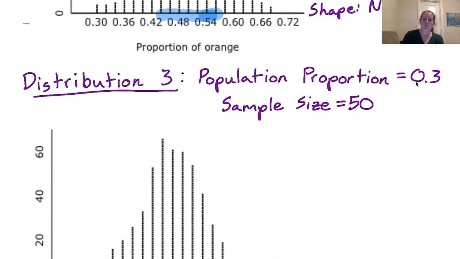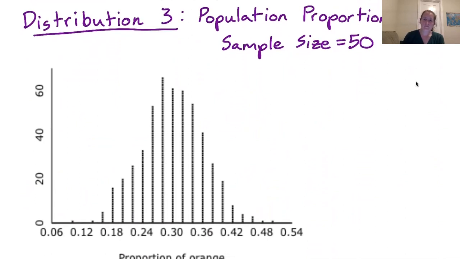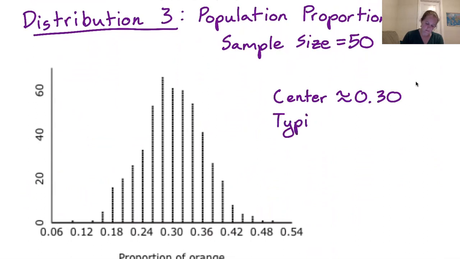And then one more, the last one, we had a population proportion of 0.3 with a sample size of 50. Our center is around 0.30. Our typical interval is about 0.24 maybe to 0.36, somewhere in there.